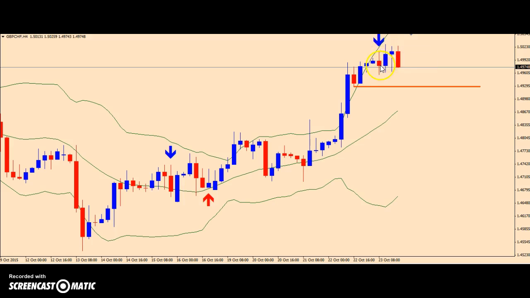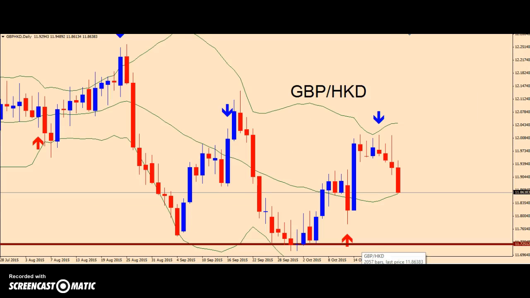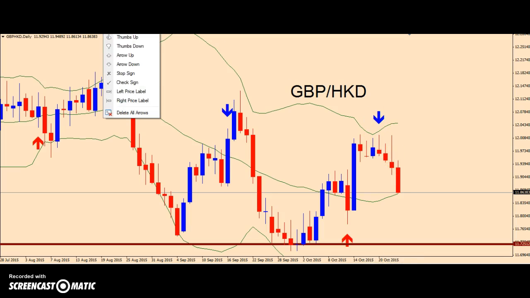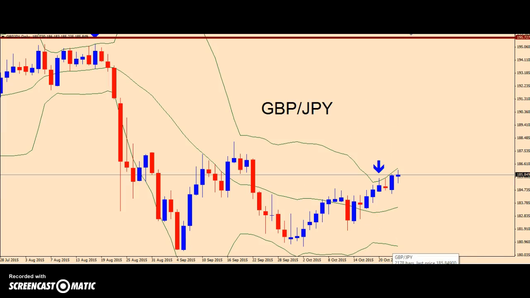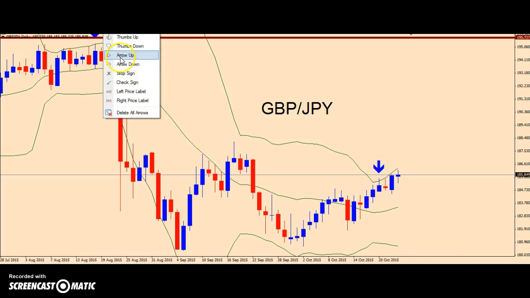So you've got the signal to say that it's going to. So we'll look at the weakness in the pound there. Does that bear out? That was another signal that came up. There's another signal here, so it certainly does look like there's some weakness in the pound, just like there was weakness in the euro last week.